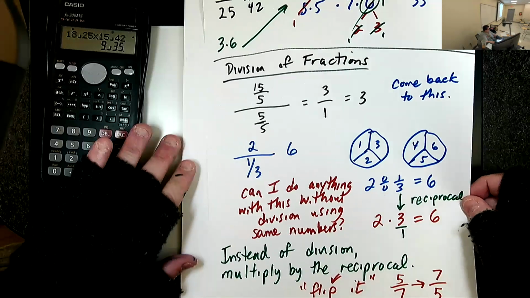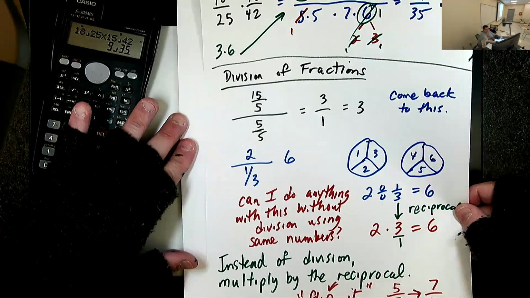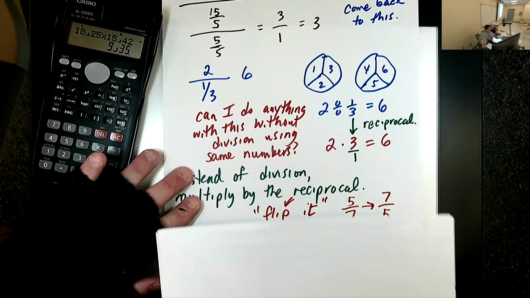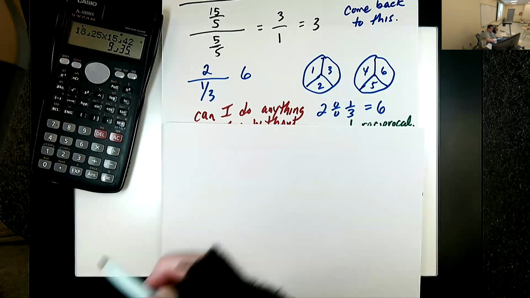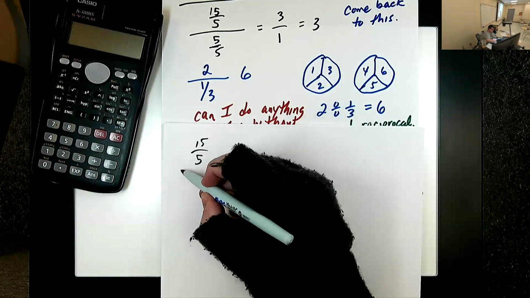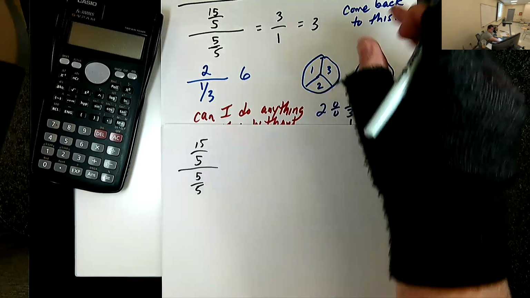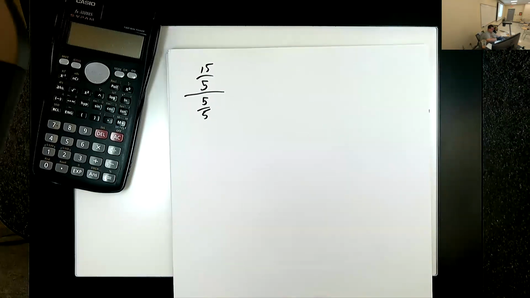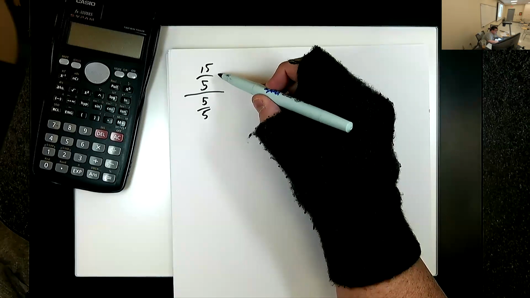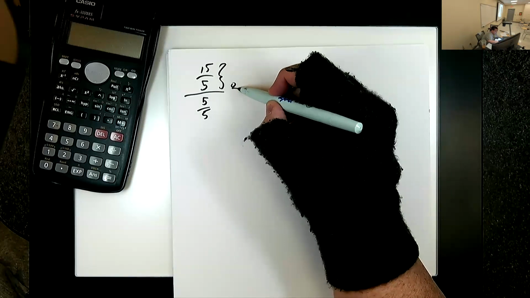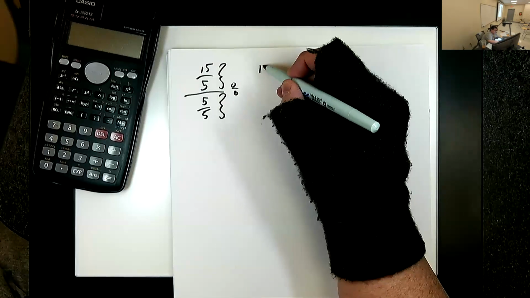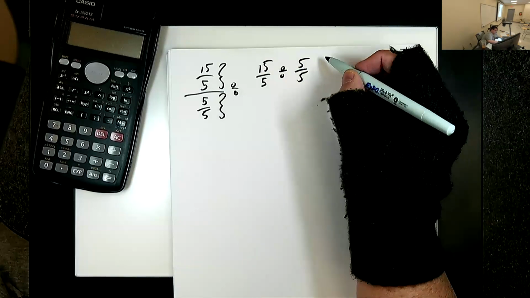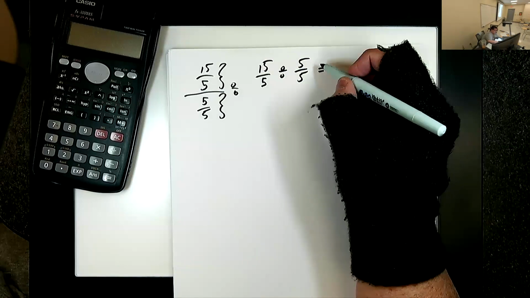Is everyone ready for more? So let's look at that 15/5 again real quick. Here I am dividing this fraction divided by this fraction. I have 15/5 divided by 5/5. Here, flipping it doesn't really change it much either.